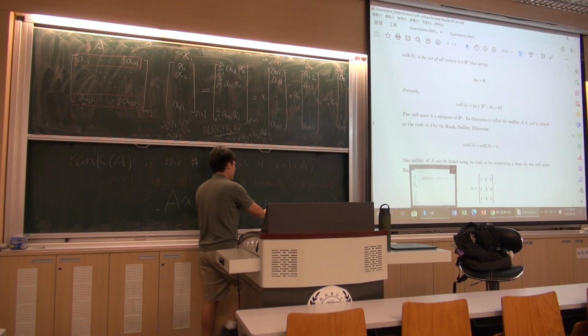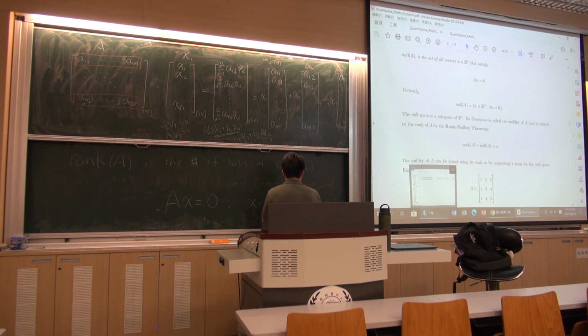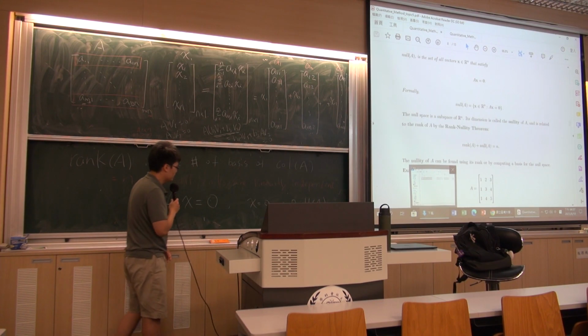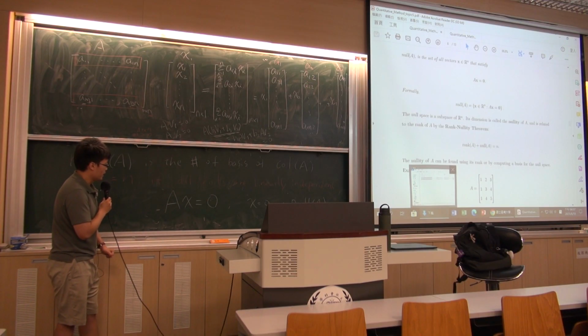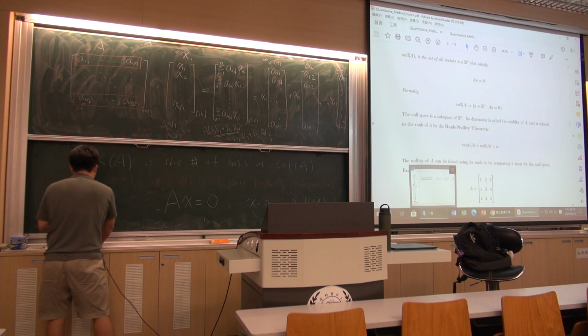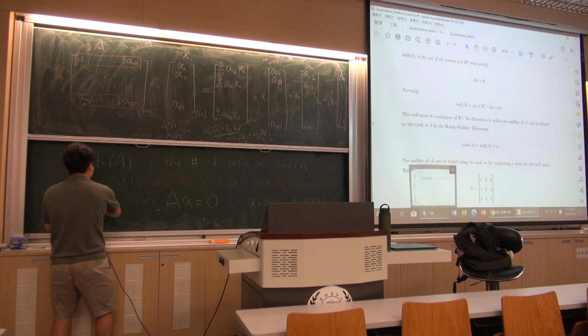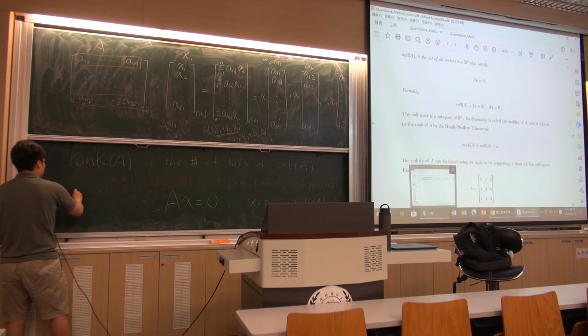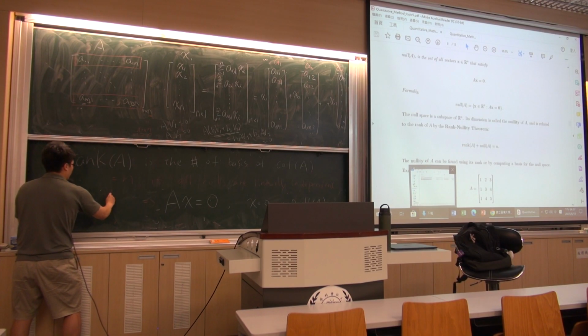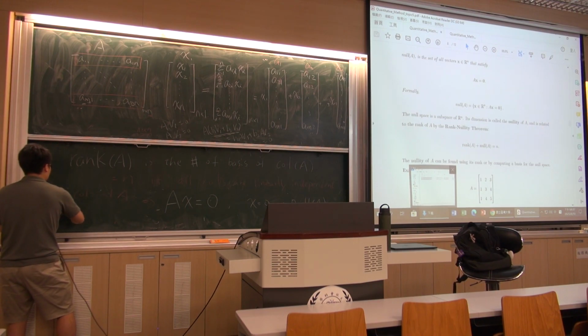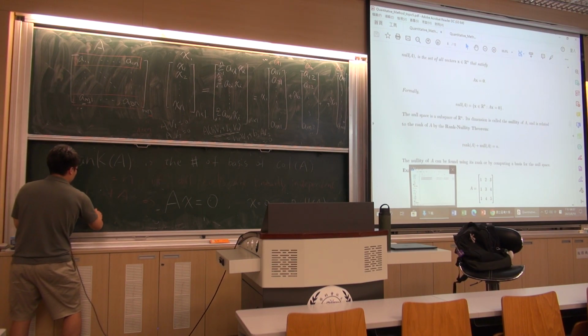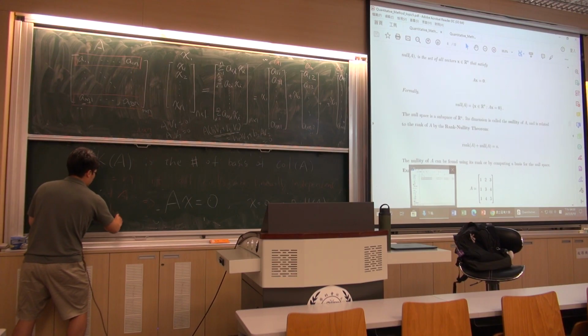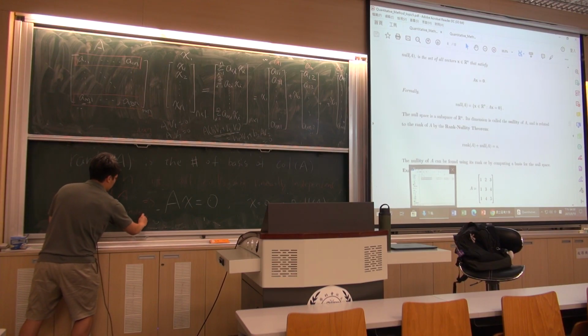And this implies that the null space of A is 0. Okay. We get these things because all columns of A are linearly independent.